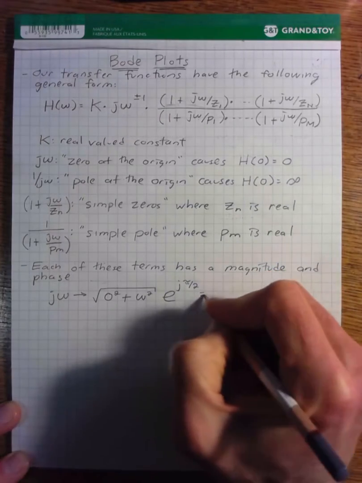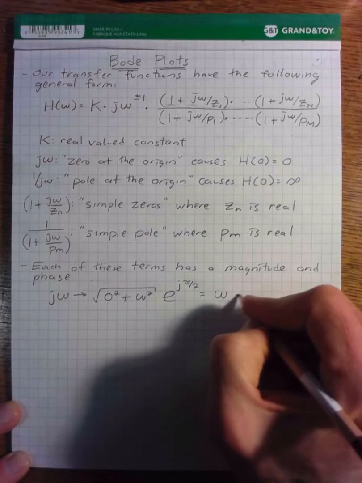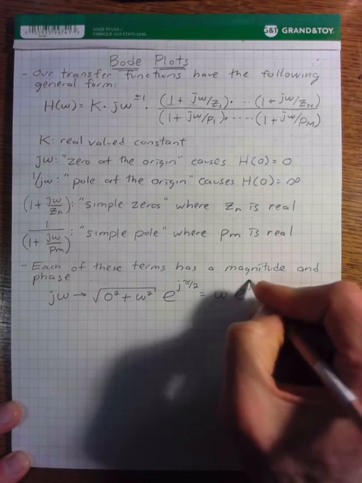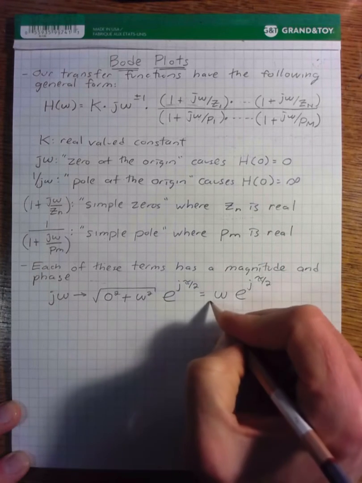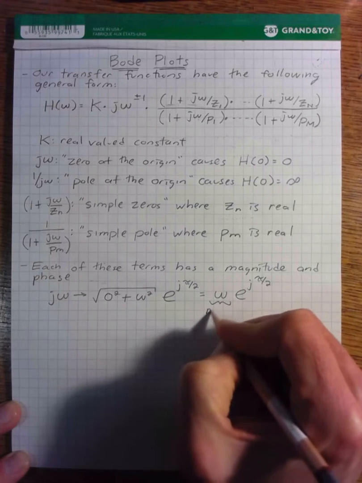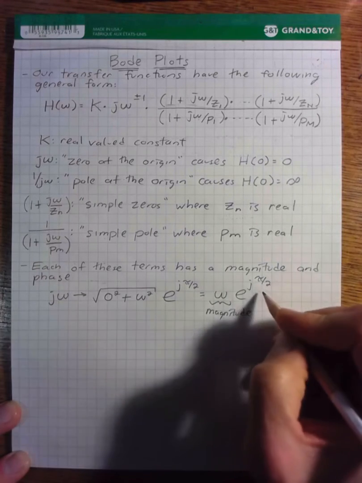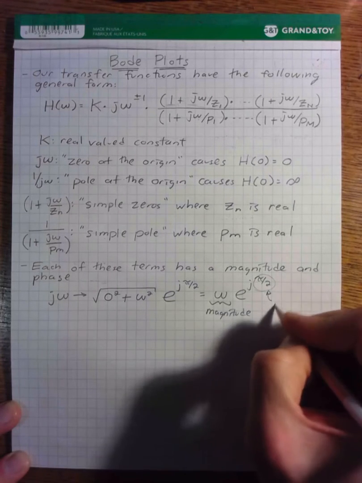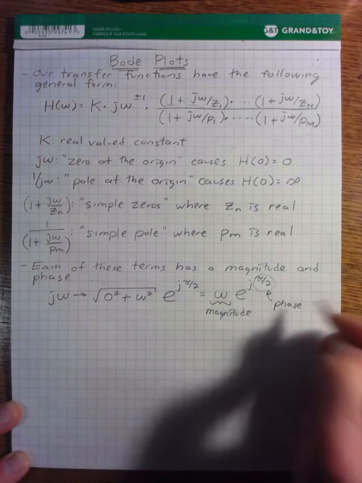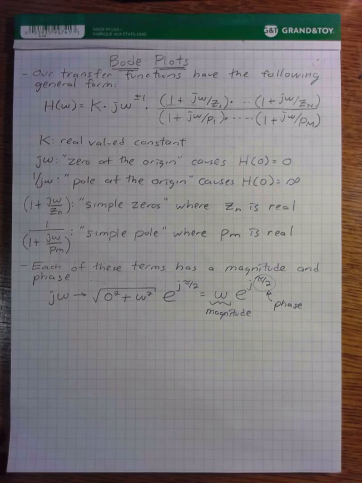And so the overall number expressed in terms of a complex exponential has a magnitude of omega and a phase of pi over 2.